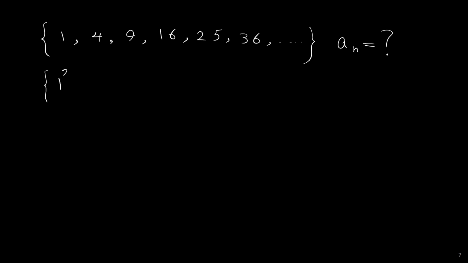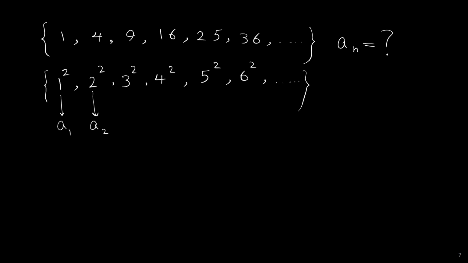We can consider 1 as 1 to the power of 2, 4 is 2 to the 2, 9 is 3 to the 2, 16 is 4 to the 2, 25 is 5 to the 2, and 36 is 6 to the 2. Now probably you can guess a formula for the nth term of this sequence. Note that the first term is 1 to the 2, second term is 2 to the 2, third term is 3 to the 2. So nth term is n to the power of 2.